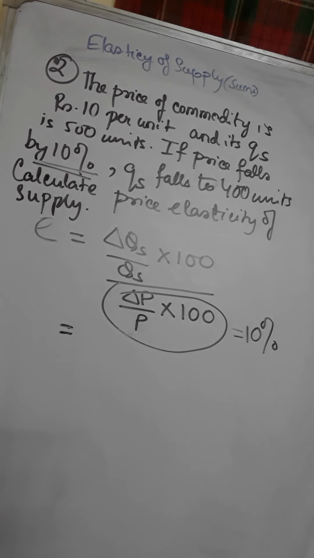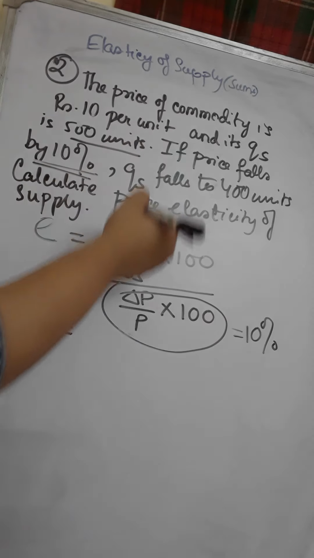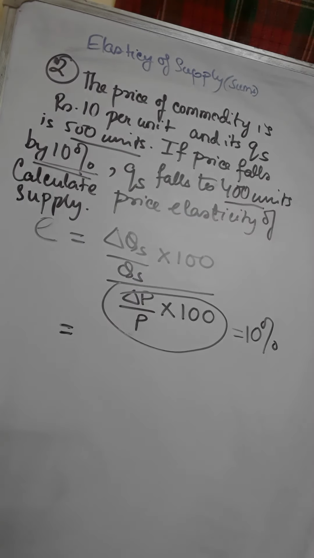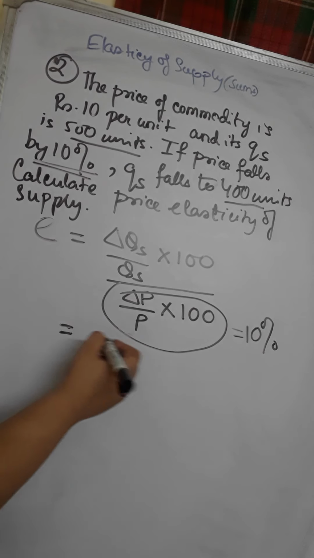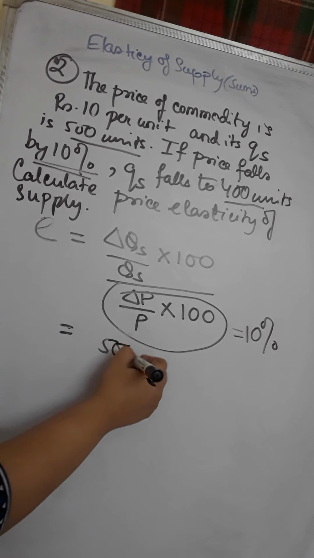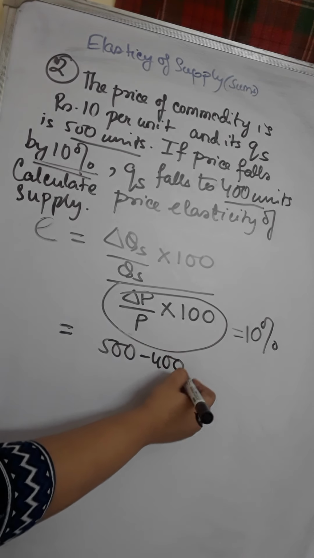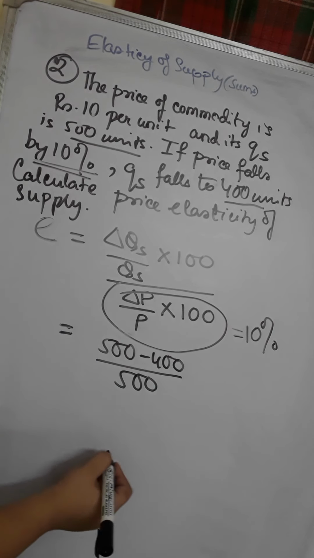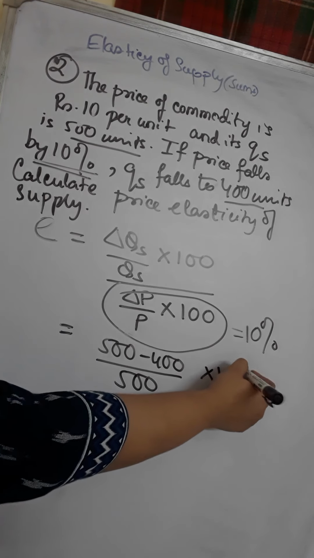But for quantity change, we have the original units, initial and final units. So here we need to find the quantity change. How will we do it? The change means 500 minus 400, the difference between the two quantities, by the original 500, into 100.